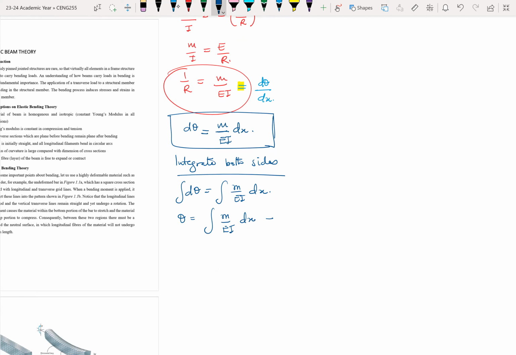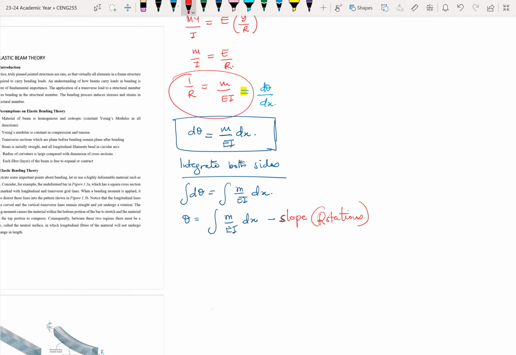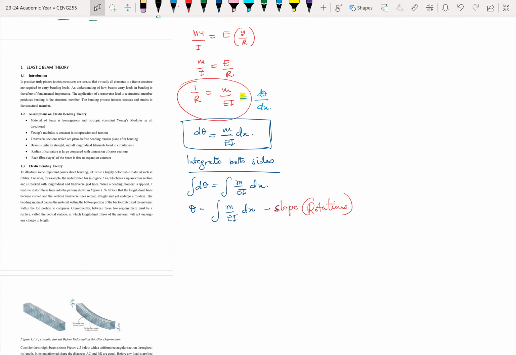And this is the slope, or the rotations. So to find the slope, this becomes our equation for the slope. You will come across this equation a number of times going forward, so let's just have that in mind.